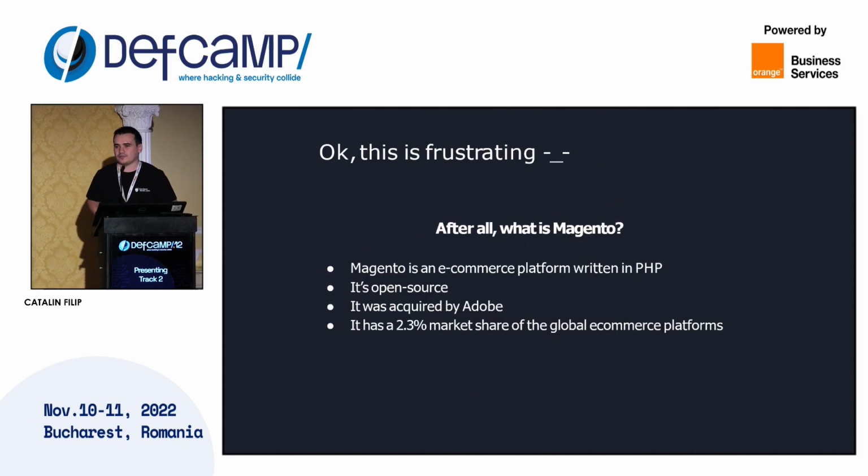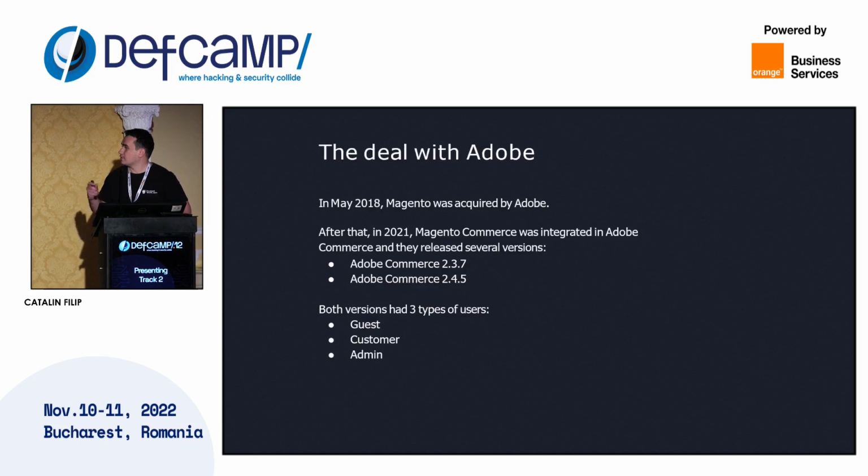After all, what is Magento? Magento is an e-commerce platform basically written in PHP. It's open source, and it was acquired by Adobe, and it has 2.3% of market share of global commerce platforms. What about Adobe? Adobe practically bought Magento.